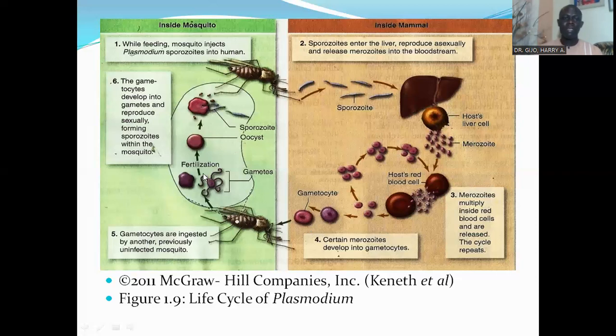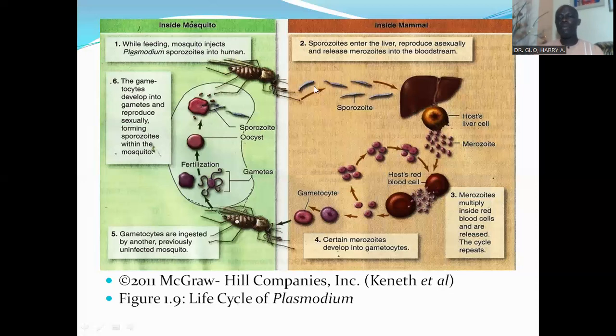Fertilization occurs within the intestine of the mosquito to form the oocyst. The gametocytes develop into gametes and reproduce sexually within the mosquito. Now the mosquito feeds, and while feeding, it injects Plasmodium sporozoites into the human.